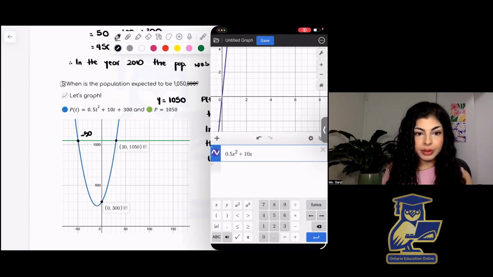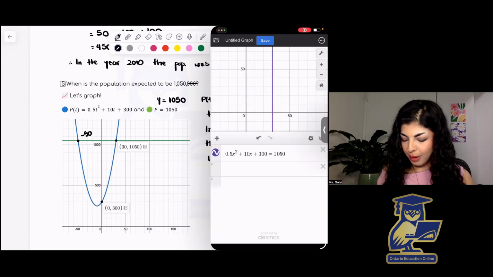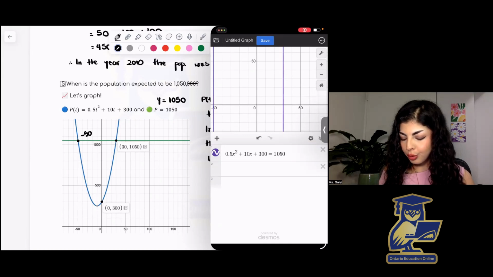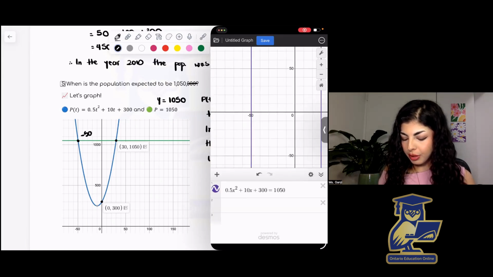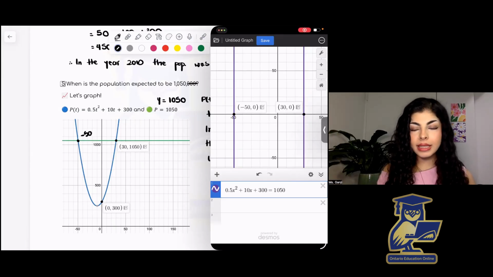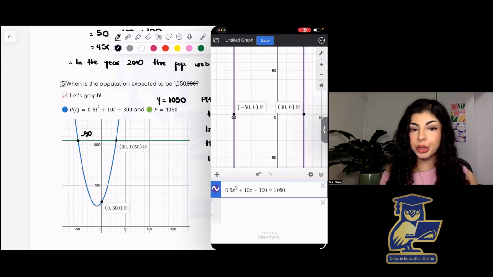But just interpret your results as t. And if we set this equal to, and keep in mind, I have to zoom out my graph because these are bigger values we're working with. And you see those two vertical lines here as well for -50 and 30. And again, same explanation. We don't want to consider the negative value, so we only look at the positive 30.